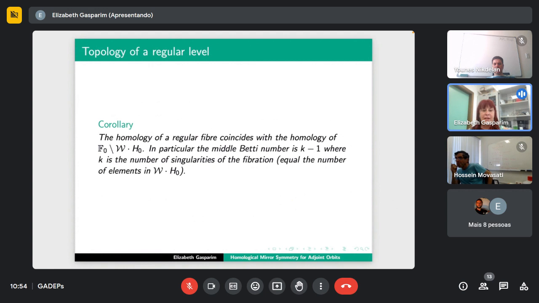More importantly, do we have possibilities of many vanishing cycles? How does our regular fiber look? The regular level, as we wrote here.